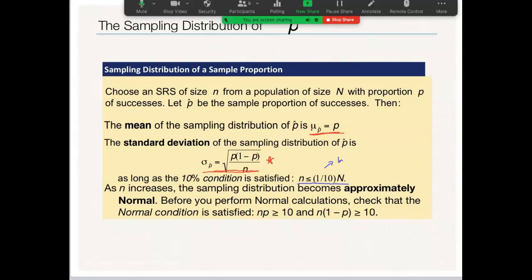So you can think of this as the independence condition. It's a little bit of a formality, but we'll begin checking it so often that it'll become second nature. You're just checking to make sure that the sample is less than 1/10 of your population. A quick way to do it is to multiply your sample by 10 and then state that it's safe to assume that that's smaller than your population size.